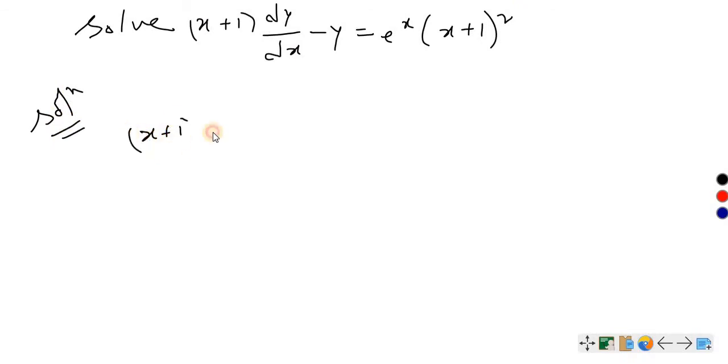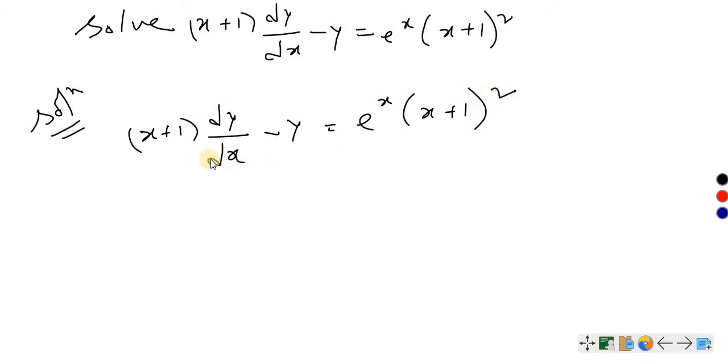So we'll write the question again. Now if you check, there is dy by dx, along with that some function of x should be there, and here there is nothing, means there is no p, or you can say there is no function of x.